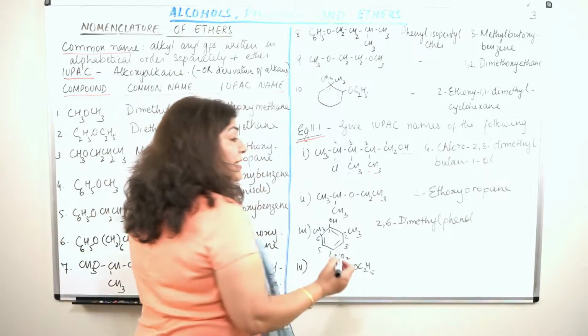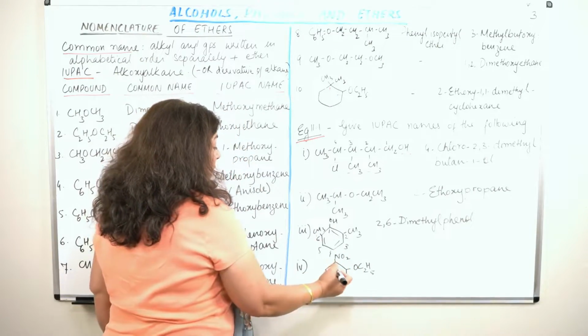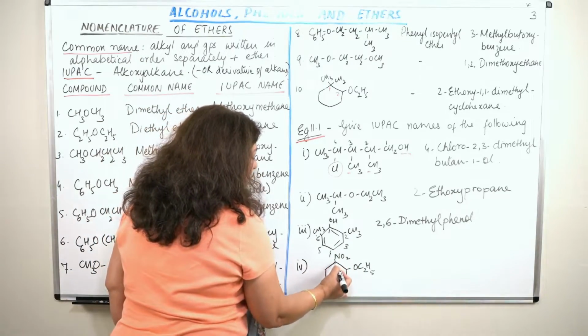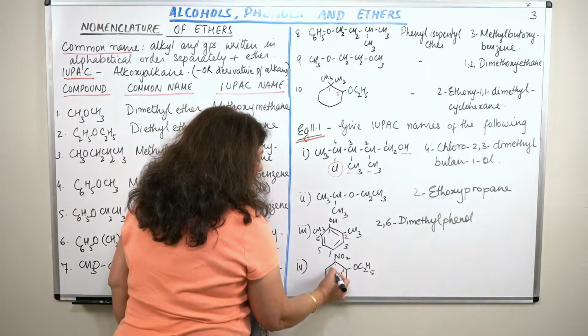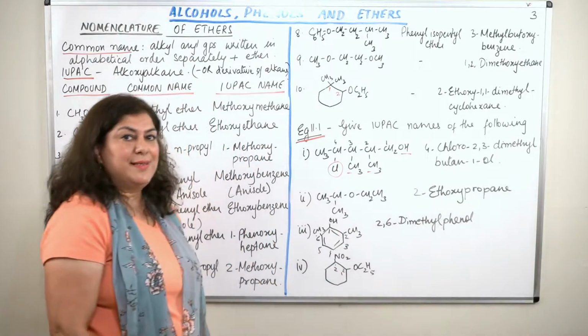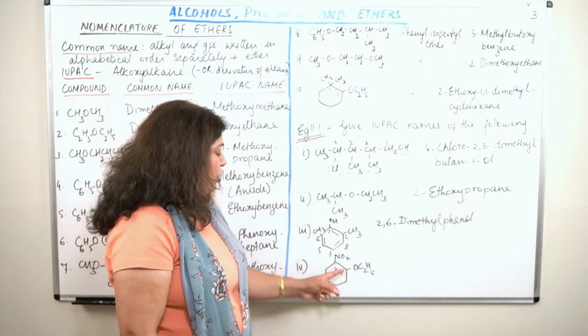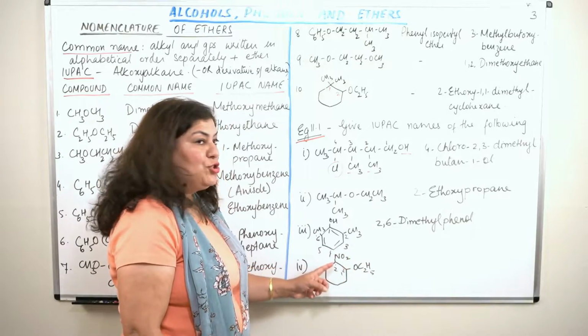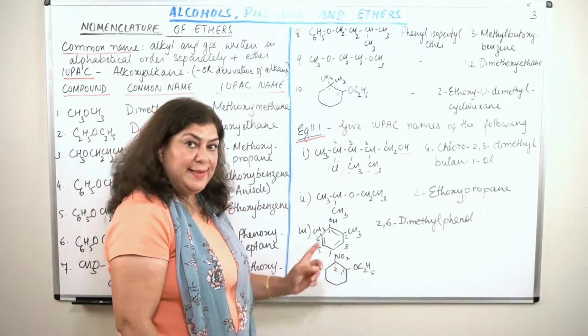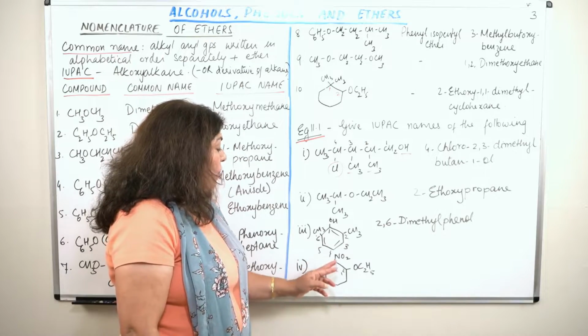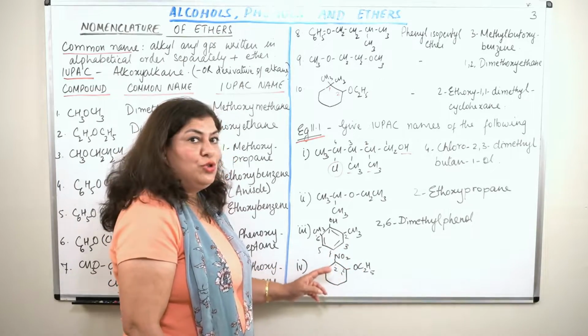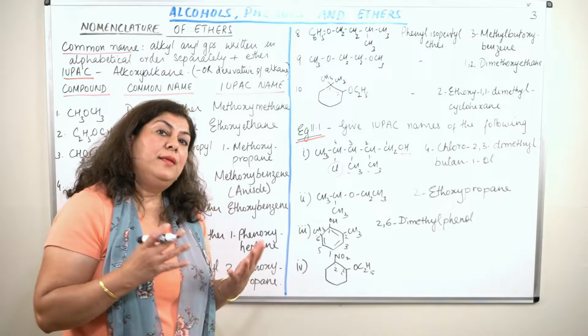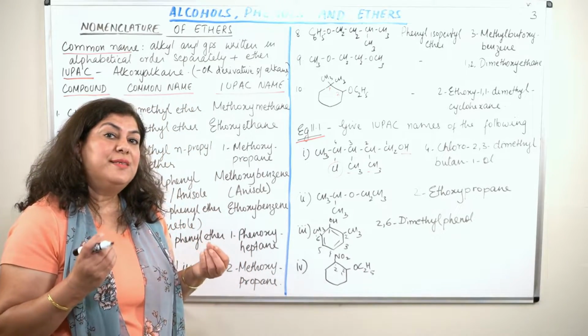So since ethoxy comes first, and if I give the locants in this direction and this direction, in both the cases the sum of the locants is the same. If I write 2-ethoxy-1-nitrocyclohexane, or I write 1-ethoxy-2-nitrocyclohexane, the sum of the locants will be the same.